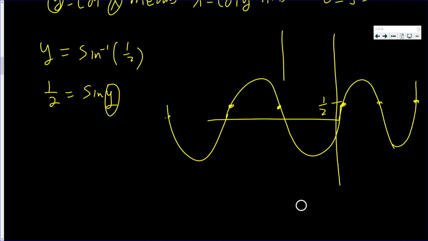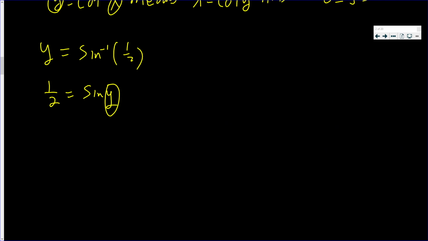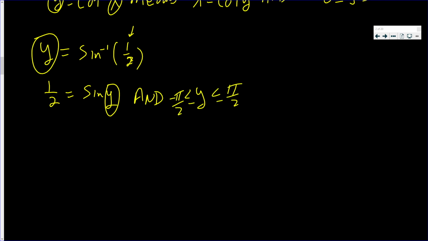So we can't let all of those answers be y, because then it's not a function. You put in one input, you want to get back one y. So we restrict y for the sine inverse between negative pi over 2 and pi over 2.